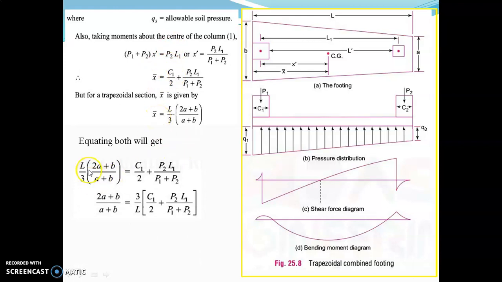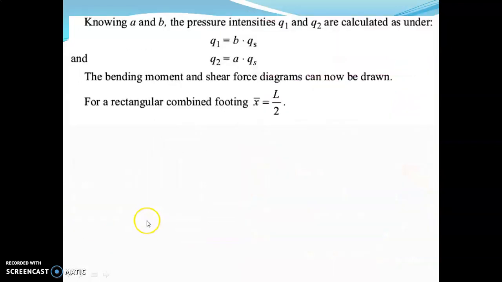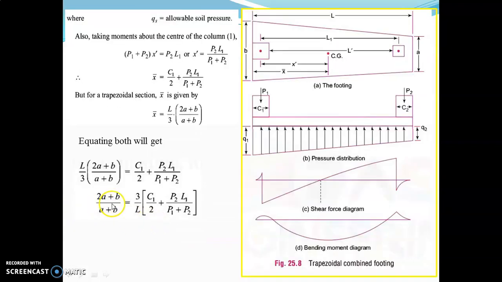If you equate both equations, L by 3 into (2A plus B) divided by (A plus B) is equal to C1 divided by 2 plus P2 L1 divided by (P1 plus P2). If you simplify this, you get (2A plus B) divided by (A plus B) equal to 3 divided by L into [C1 divided by 2 plus P2 L1 divided by (P1 plus P2)]. Okay, so this is the pressure distribution diagram for the trapezoidal footing.